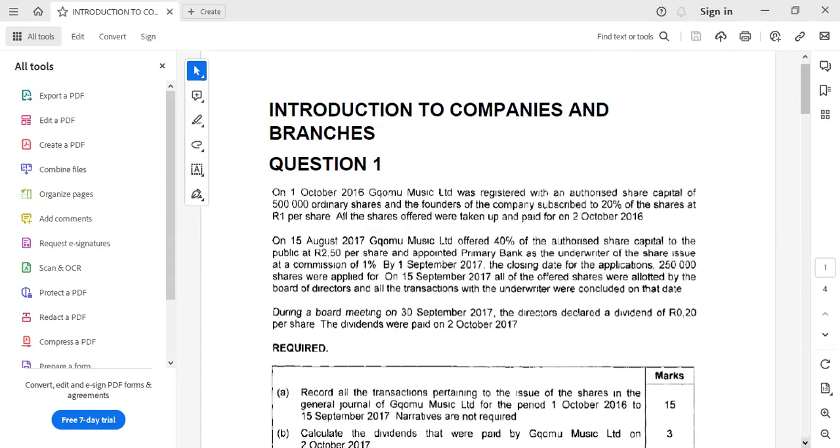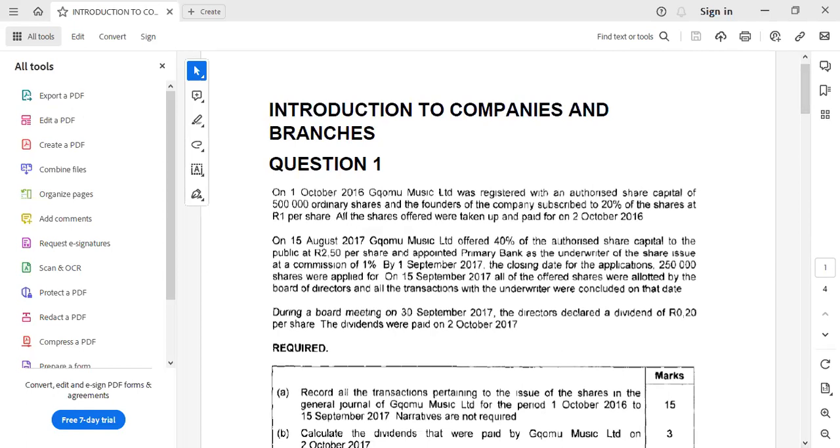Even the rules and the procedures regarding that company will be included in the memorandum of incorporation. Right. So the authorized share capital is the maximum number of shares that you are permitted to issue. So we don't make any record about the authorized share capital. Right. Then the founders of the company subscribed to 20% of the shares.